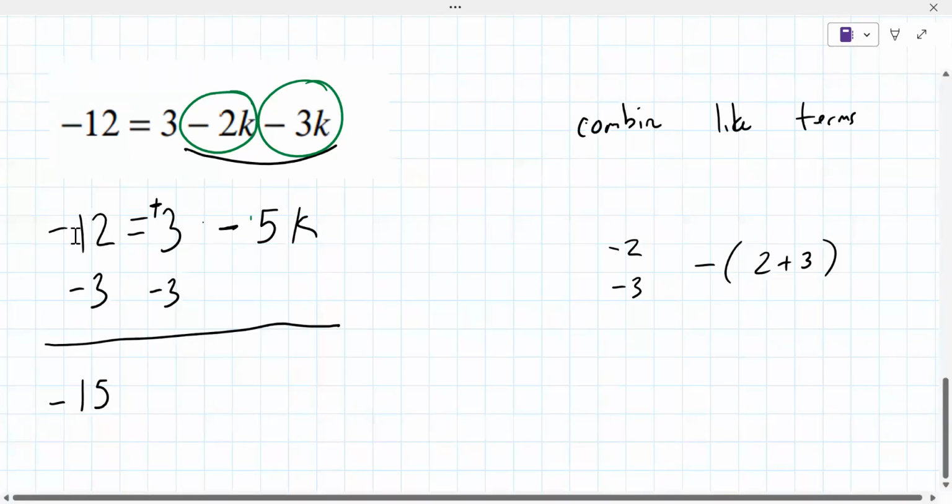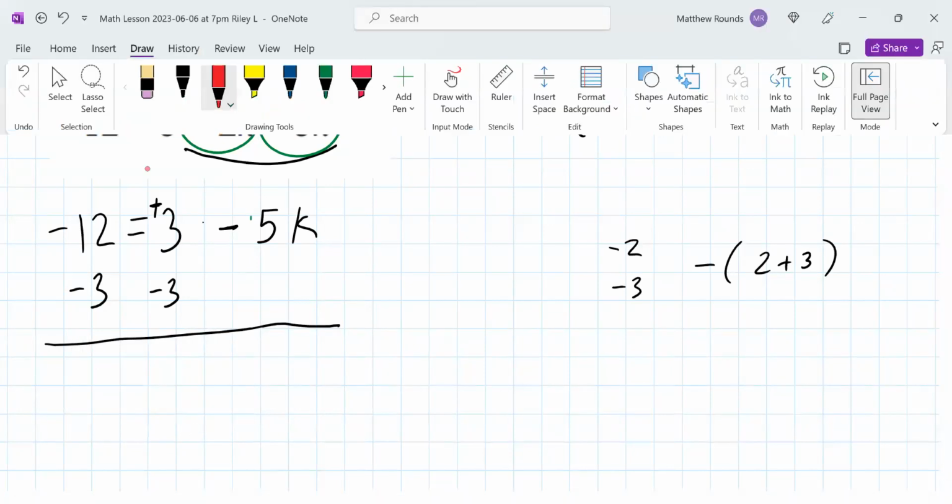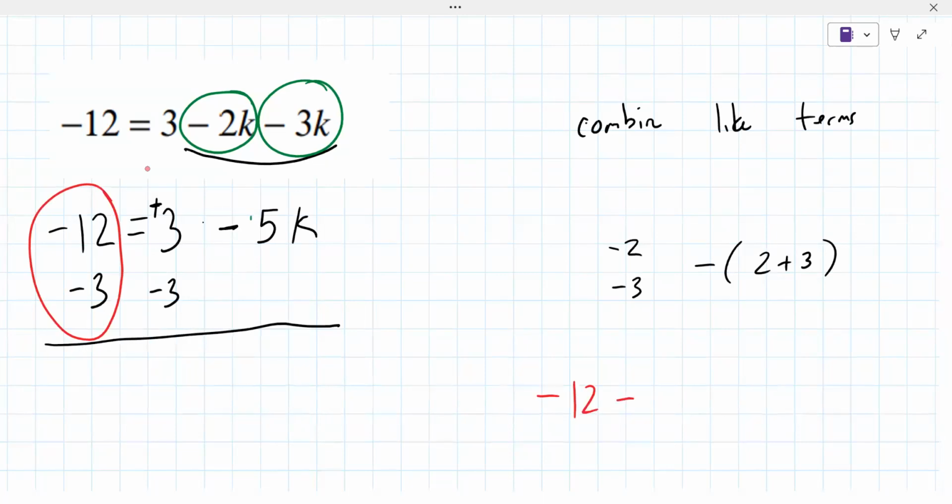Again, in the in-between step here, let me write it off to the side and circle it. This right here is minus 12 minus 3. They're both negative, so your answer is negative, and then you add the numbers without the sign.